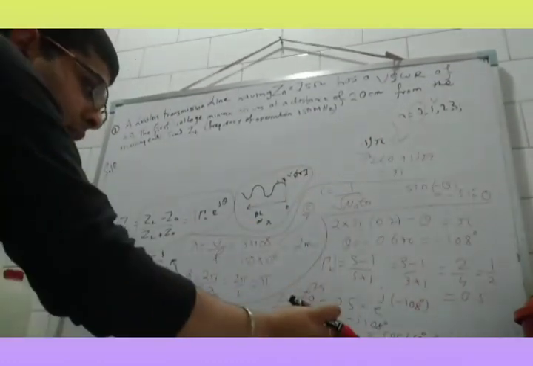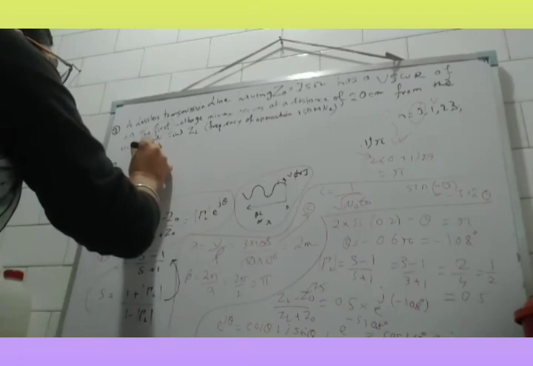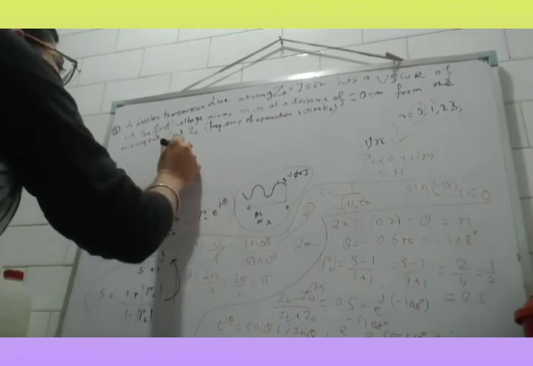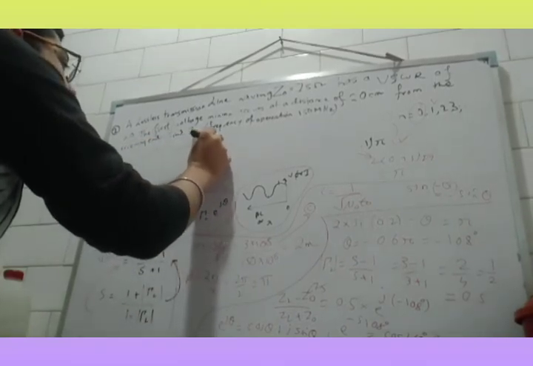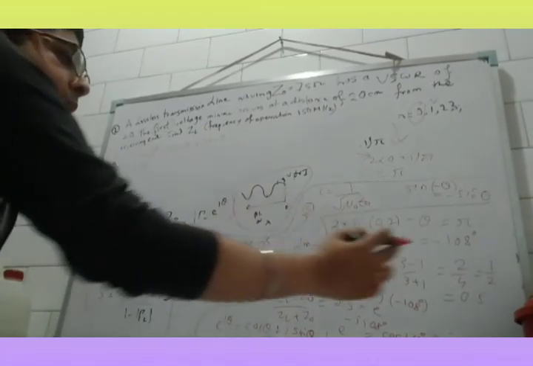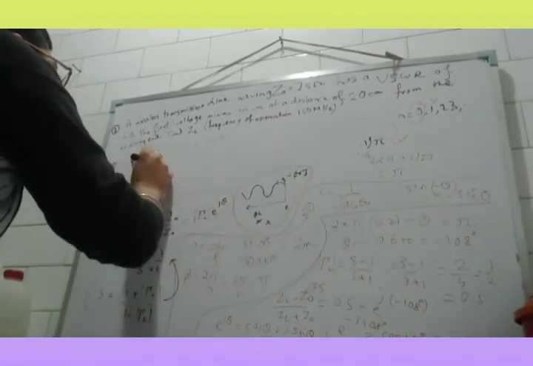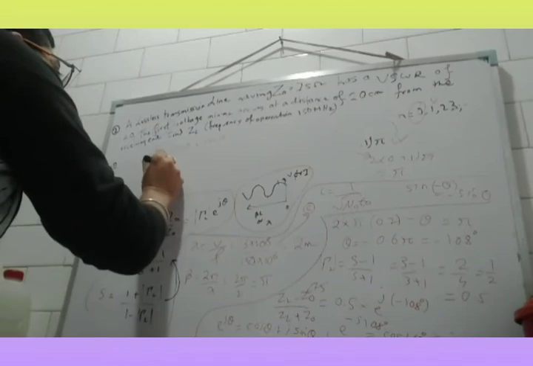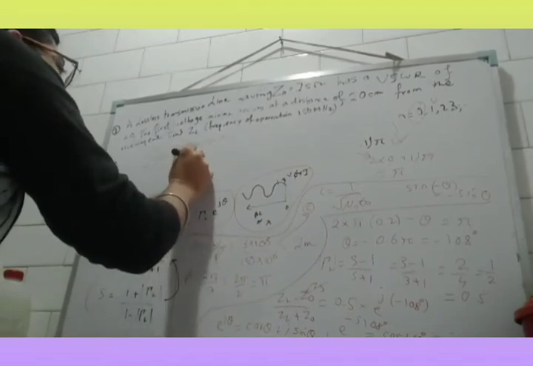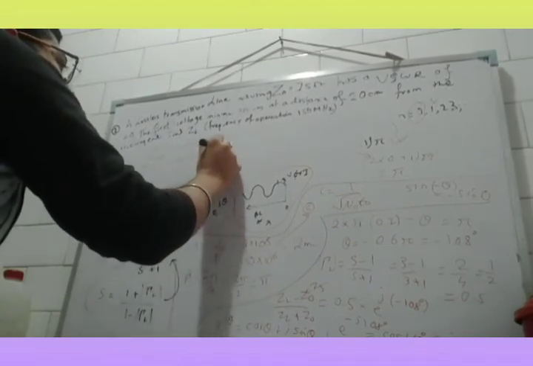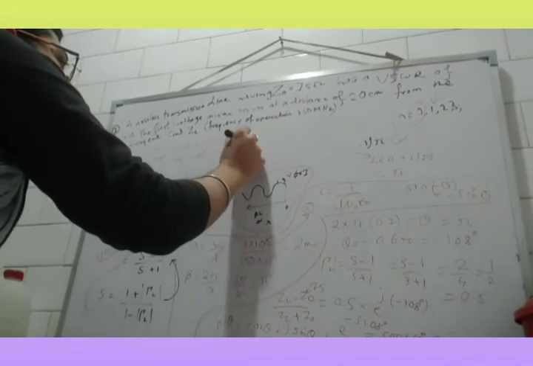What we have, if you are unable to see this, I am writing once again. E to the power j theta is basically cos theta plus j sin theta, and we have theta as minus 108, so minus j108 degree. So cos minus 180 degree plus j sin minus 180 degree.